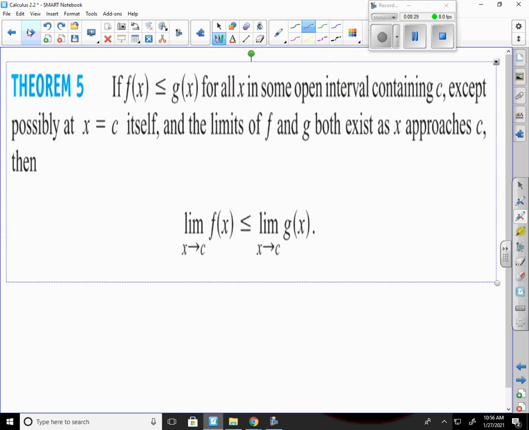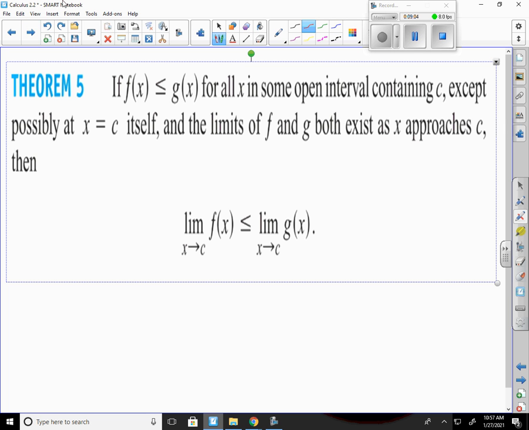In other words, if I have two functions and one is always bigger than the other, then the limit of the smaller one has to be smaller than or equal to the limit of the bigger one. And that only makes sense to me. Done.